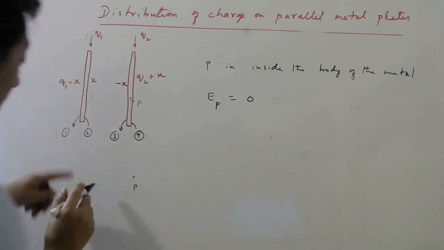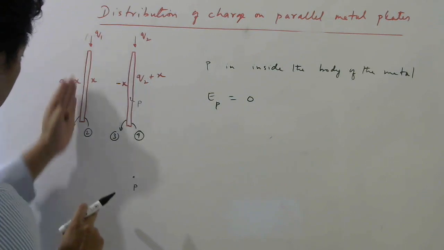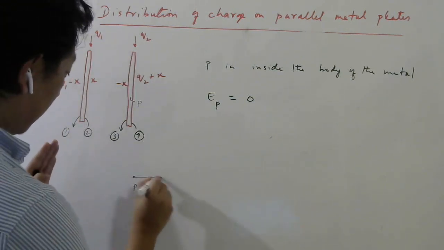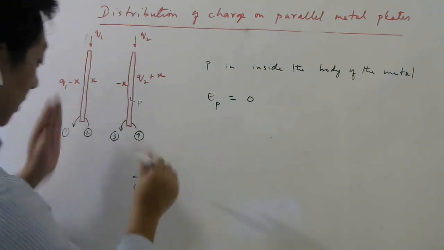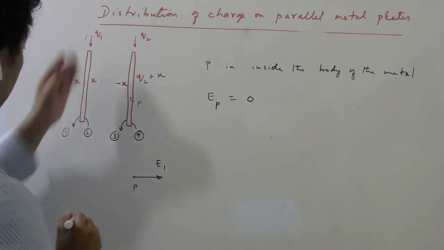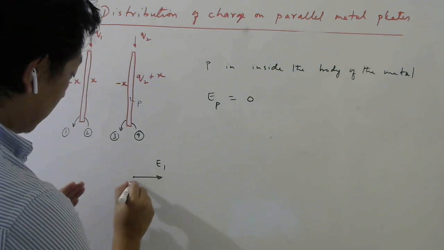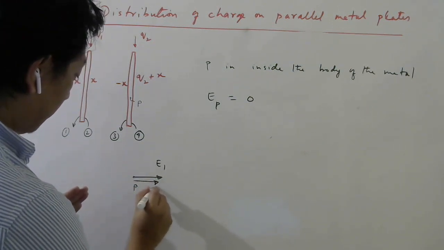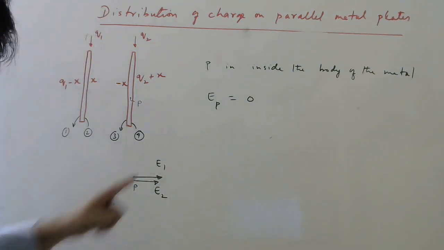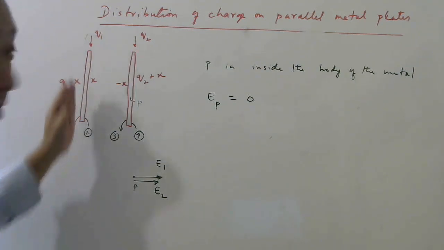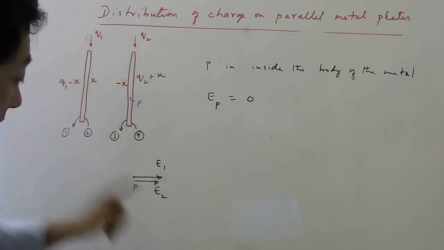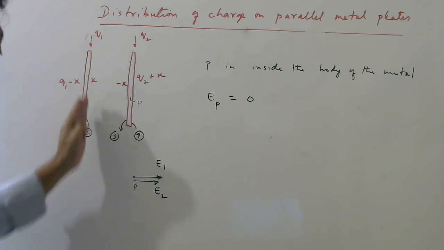Then the electric field due to this sheet will be away from this sheet, right? So this is E1. E2 is also positive, so it will be away. Please understand, E1 is due to this sheet, and E2 is due to this sheet of charge.